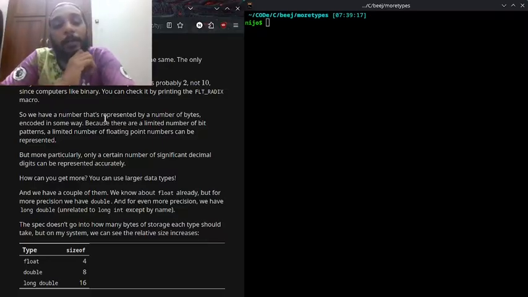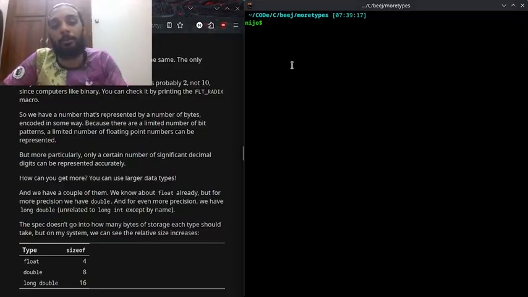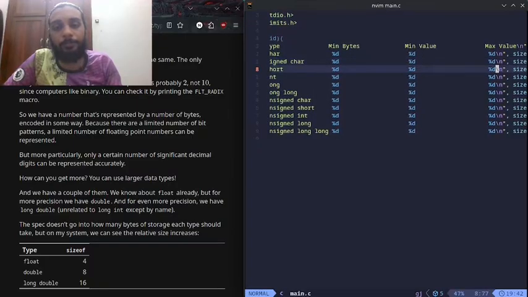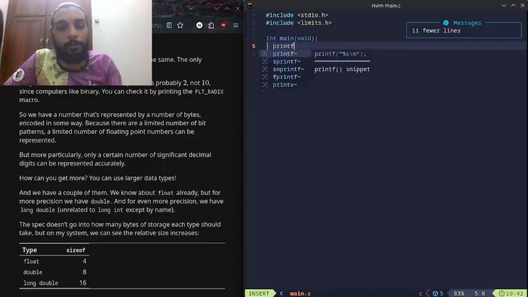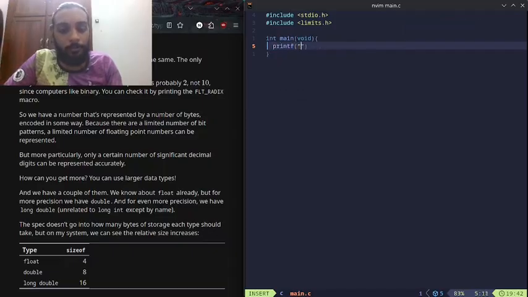You can check it by printing the FLT_RADIX macro. Okay, so main.c. printf. I think it's a number.